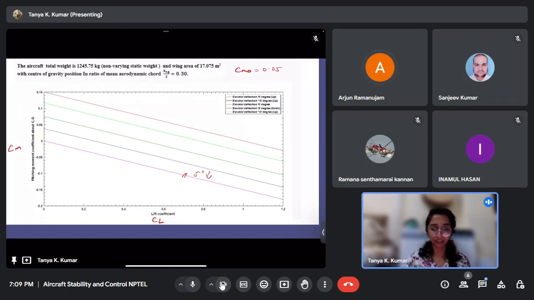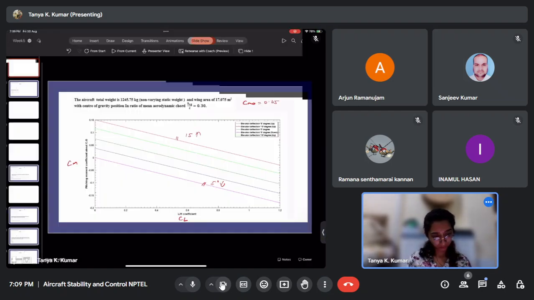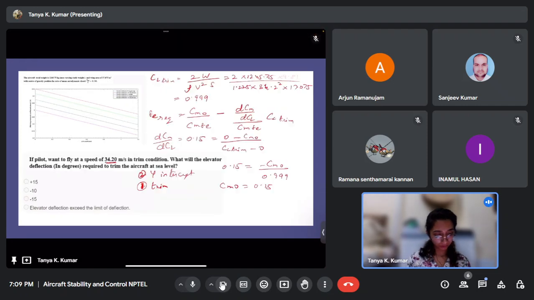The top one. Okay, the colors might not be clear. Correct, the top one, the red one, elevator deflection 15 degrees up. So that is how we get it: delta E is 15 degrees up. So is 15 degrees up positive or negative?